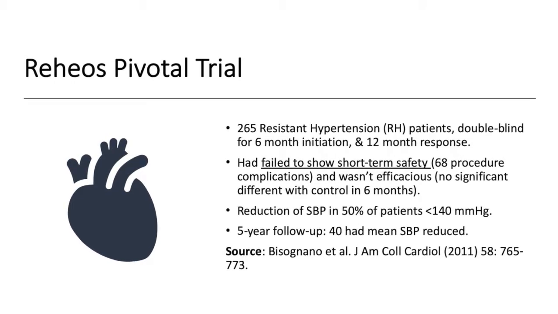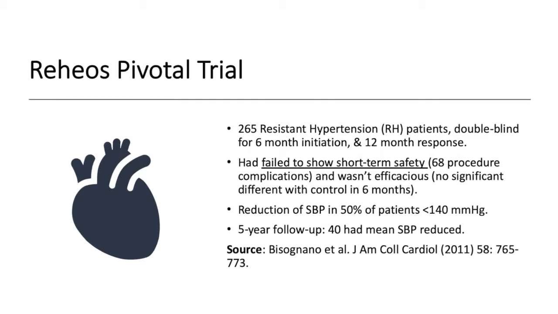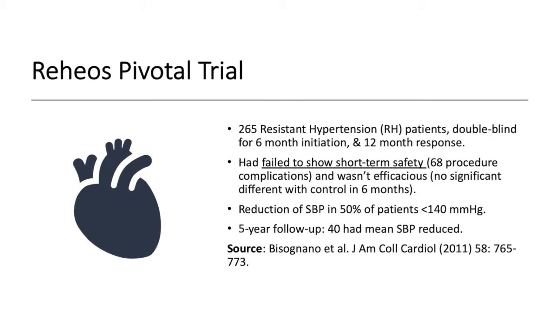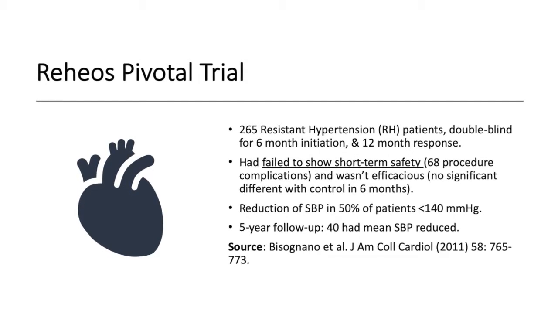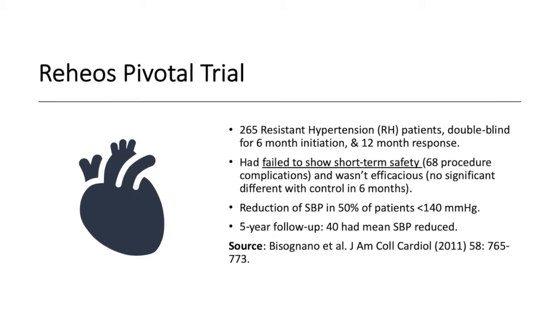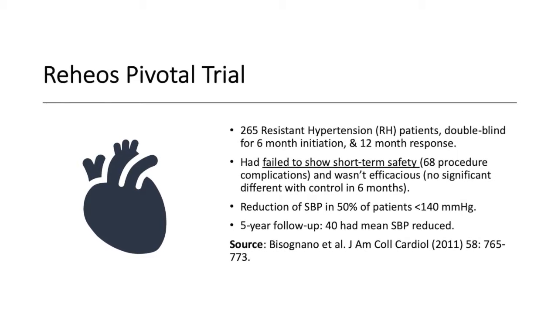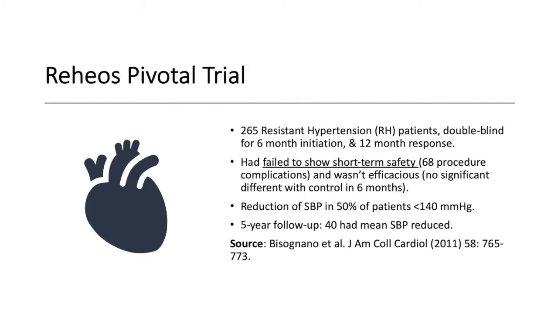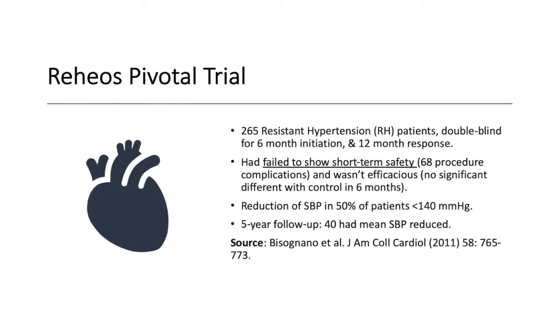Individuals, however, failed to show short-term safety since 68 procedure complications had occurred, and it wasn't efficacious at all since there were no significant differences with the control in 6 months. There was, however, a reduction of blood pressure in 50% of patients, whereby they had less than 140 mmHg, but after a 5-year follow-up, 40 had their average SBP reduced.